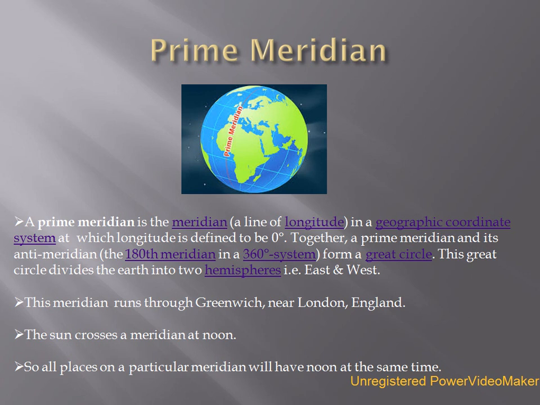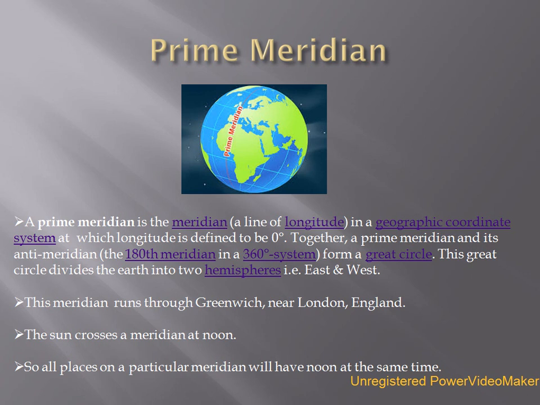Together, a prime meridian and its anti-meridian, which is the 180th meridian, form a complete circle. This circle divides the earth into two hemispheres, the eastern hemisphere and the western hemisphere. This meridian runs through Greenwich near London, England.